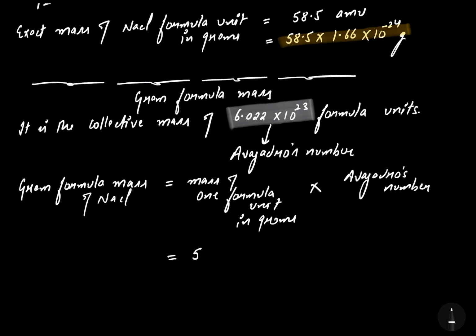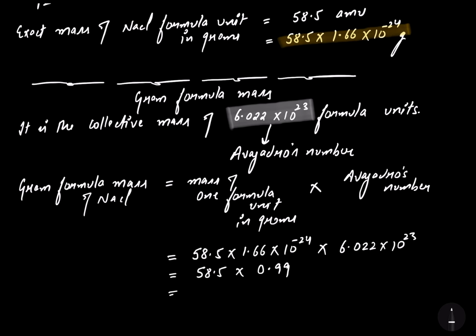It comes out to be 58.5 into 1.66 into 10 to the power minus 24 into, what's the Avogadro number? It's 6.022 into 10 to the power 23. Now my answer comes out to be 58.5 into 0.99, and rounded off it again comes out to be only 58.5 grams.